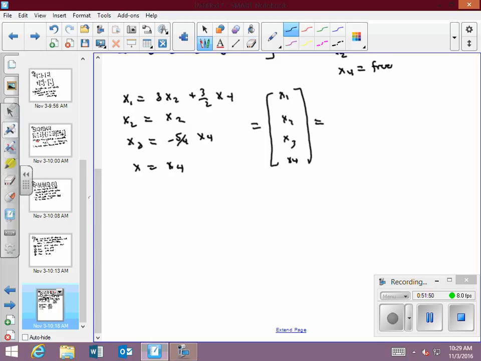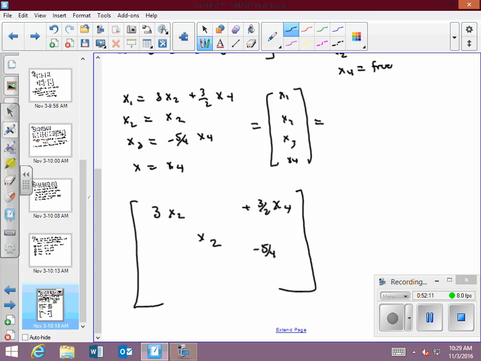This is 3x2 plus 3 halves x4. That's an x2. And that's a minus 5/4 x4. And that's an x4. Okay, now have I broken all this down correctly?